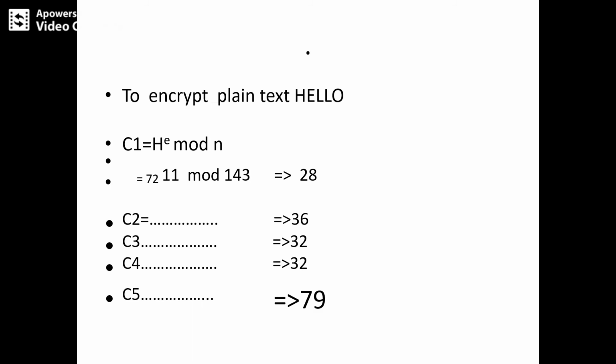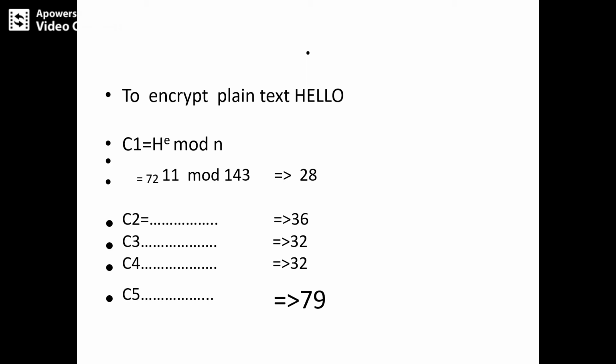Now this is an example to encrypt the plain text. We have taken the plain text as capital HELLO. We know the formula to encrypt: ciphertext equals plain text to the power E, the integer value we selected, mod n.